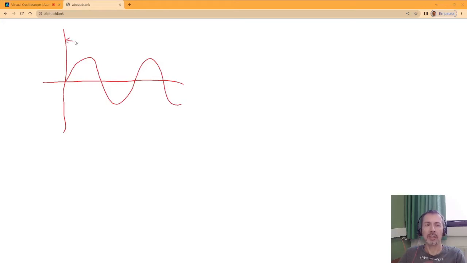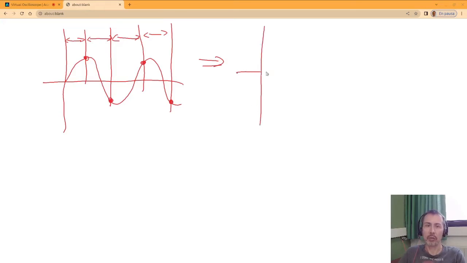We can choose this interval for taking samples, here, more or less. And we will store the value of the signal at these points. So when we need to reproduce the signal, what we do is draw the points and extrapolate the values between them.